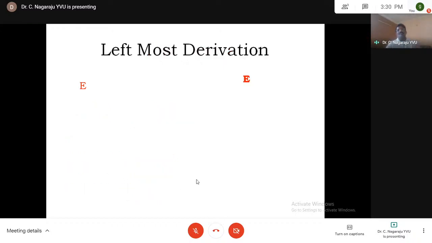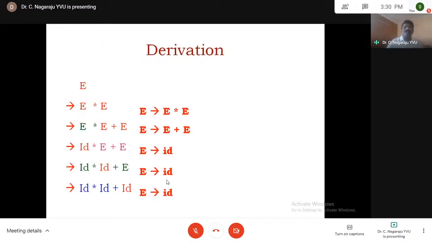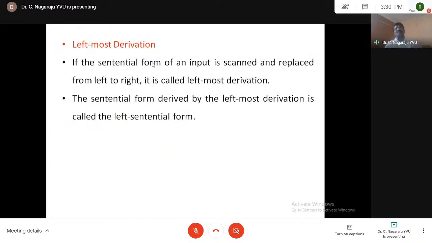This is a derivation; already I explained, right? But what do you mean by the leftmost derivation? If the sentential form of an input is scanned and replaced from left to right, it is called leftmost derivation.